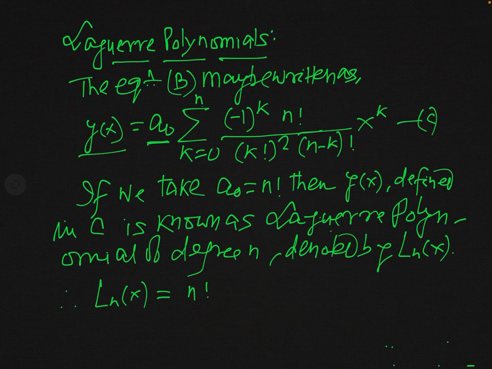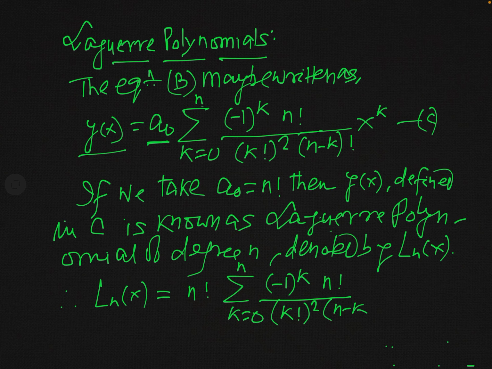So this will be n factorial summation k 0 to n minus 1 raised to the power k n factorial over k factorial square times n minus k factorial x raised to the power k.